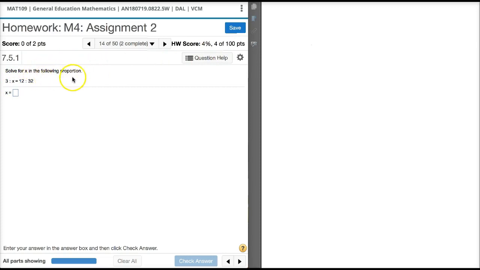The reason why they say solve a proportion is because what a proportion is defined to be is 2 fractions that are actually equal to one another. Okay. And so normally you'll see it kind of like this situation here. So if we translate, this will be 3 is to x as 12 is to 32. Okay. And so from here, we need to solve for x. And so the quickest way to do this, since we have a proportion, is to do what we call cross multiplying.